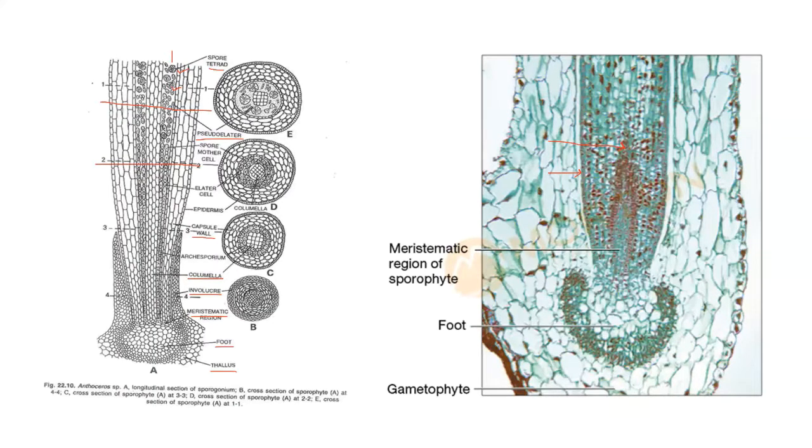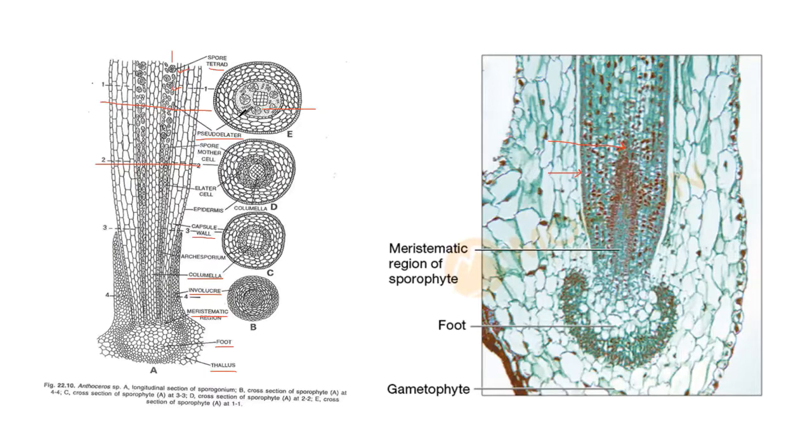In the first diagram, that is B in this series, you can see the columella, the parenchymatous tissue, and the wall. That's all. But in the next one, you'll be able to see the columella separately along with the presence of archisporium. And then here you get the spore mother cells. And in the last one, you can see the spore tetrads, and along with the spore tetrads, the pseudoelaters.